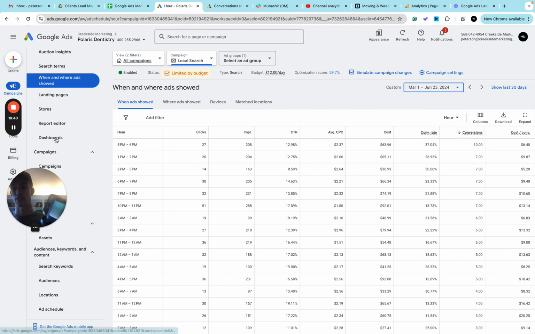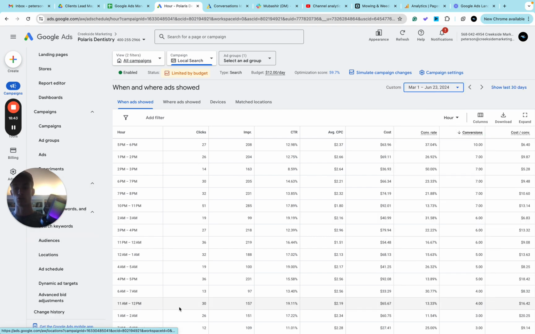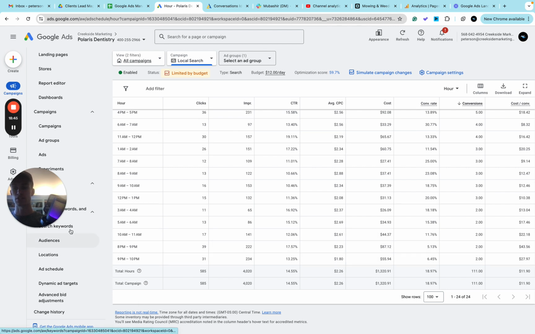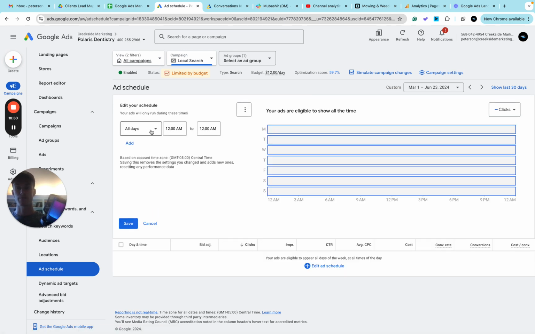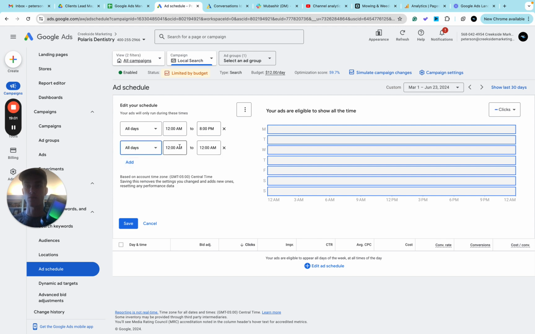So using that, we're going to come down here. We're just blocking off 8 p.m. to 10 p.m. Create ad schedule, click edit. We're showing all days. We're not going to block any of the days. And we're going to show from 12 a.m. all the way to 8 p.m. And then we're going to add another one that shows from 10 p.m. all the way to 11:45.